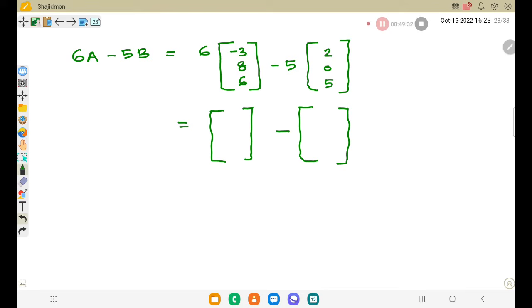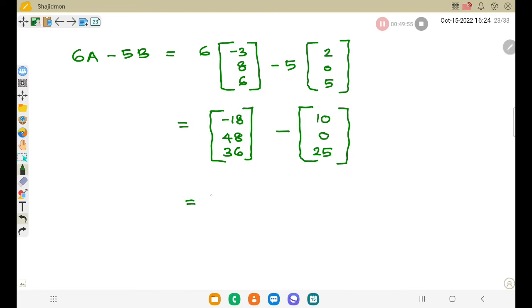6 multiply -3, -18. Then 6 multiply 8, 48. Then 6 multiply 6, 36. 5 multiply 2, 10. 5 multiply 0, 0. 5 multiply 5, 25. The minus I am putting the same there.